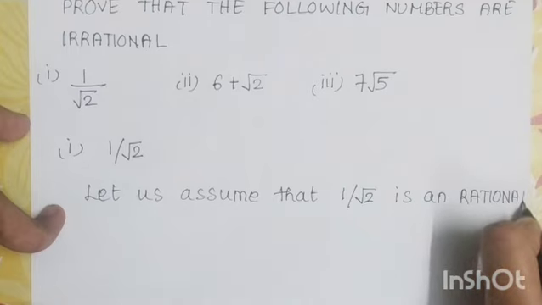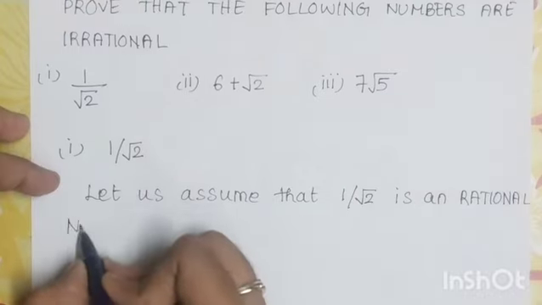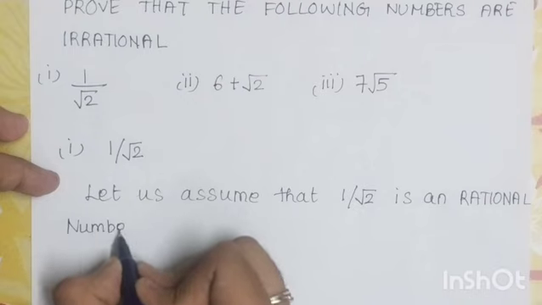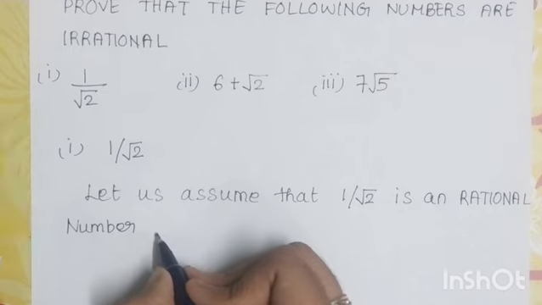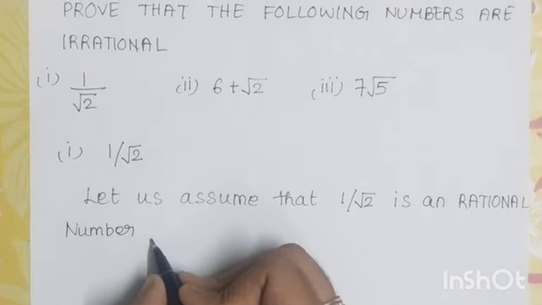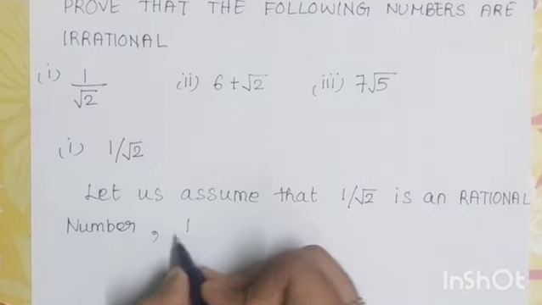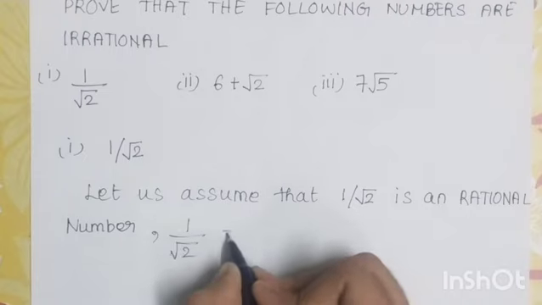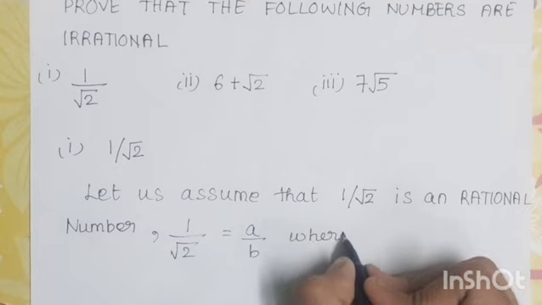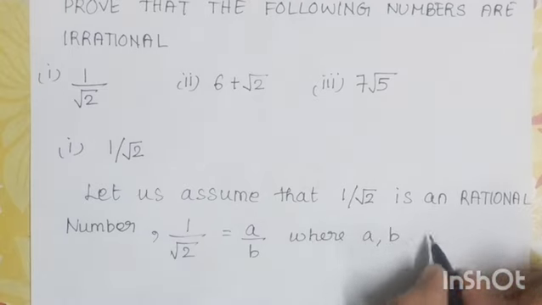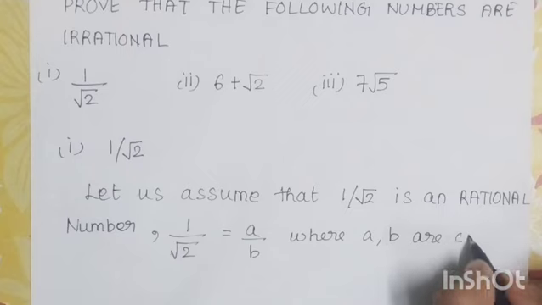So first we are going to assume it is a rational number. Then, 1 by root 2 is equal to a by b, where a, b are co-primes.